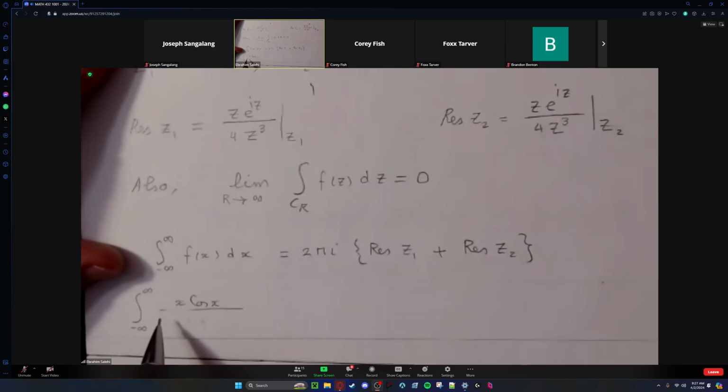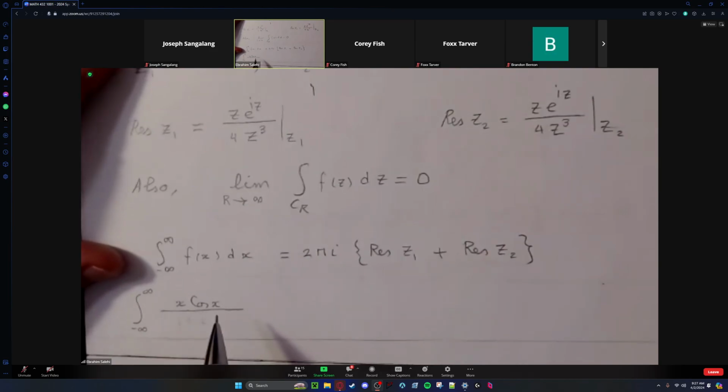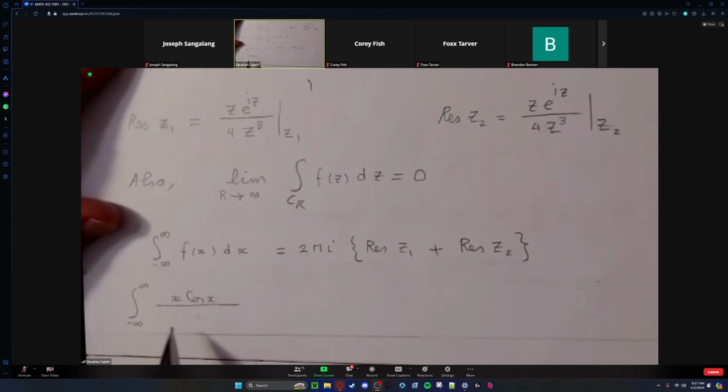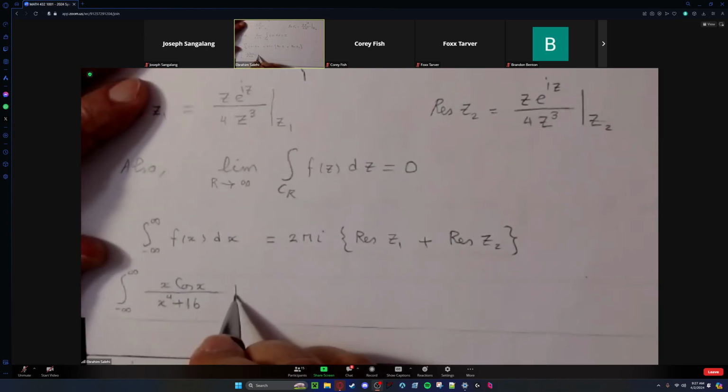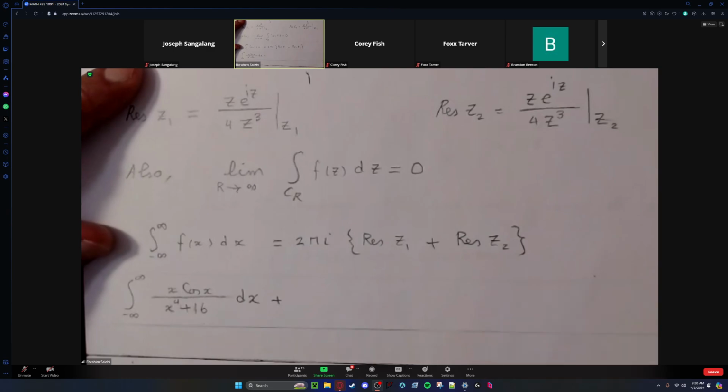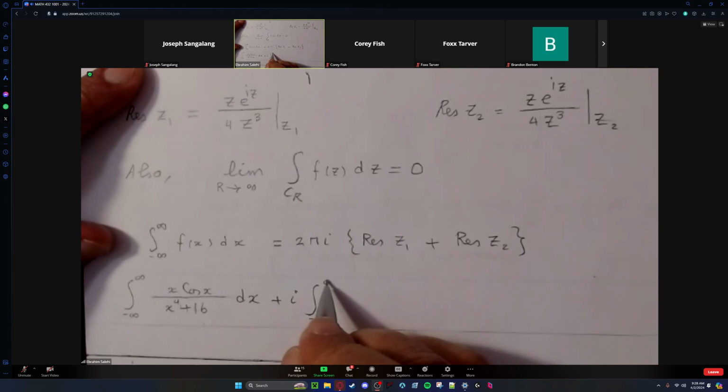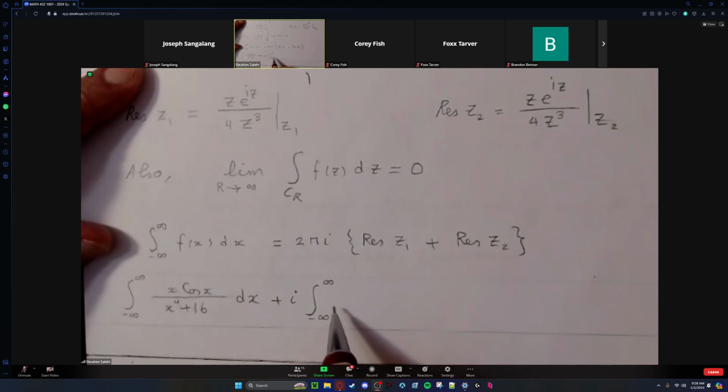So here, this one becomes x cosine x over x to the 4 plus 16 dx, plus i times the integral from negative infinity to infinity of x sine x over x to the 4 plus 16 dx.